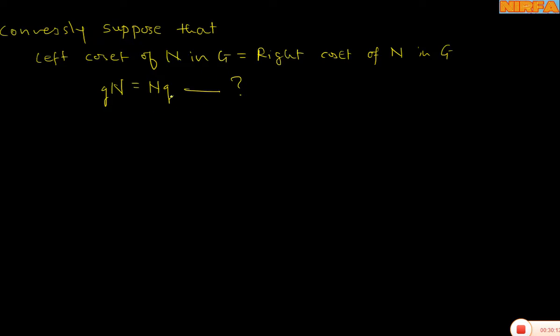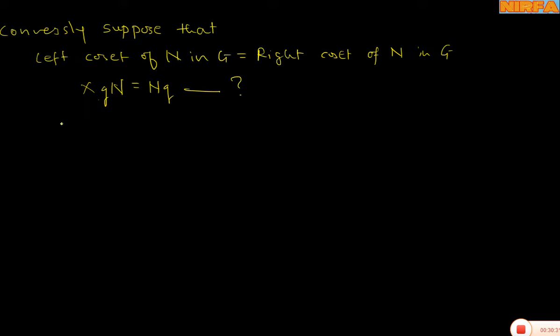Therefore, first of all, we never have to consider this step. We just stick with this condition, that the left coset of N in G is equal to the right coset of N in G.